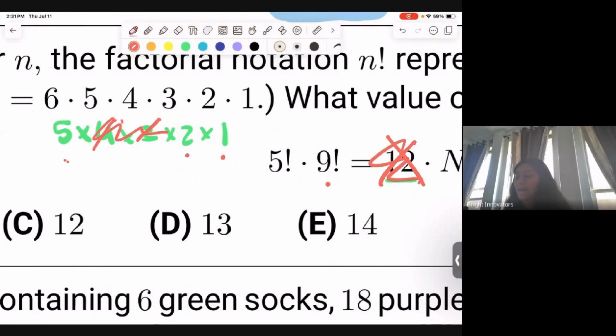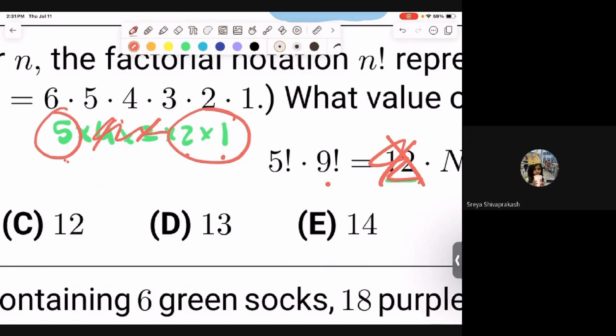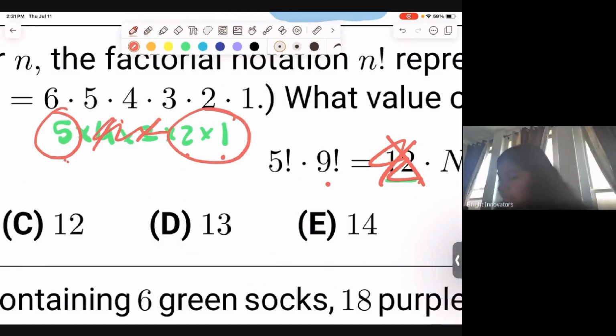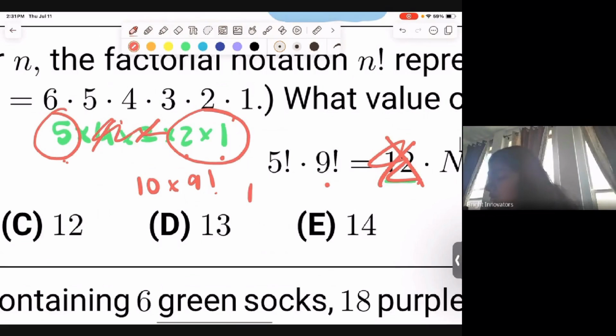And so then if you multiply these numbers together, you get 10, right? Mm-hmm. So on the left side, you just have 10 times 9 factorial. And 9 factorial is 9 times all the way to 1, and you have 10. So then it would look a lot like this.